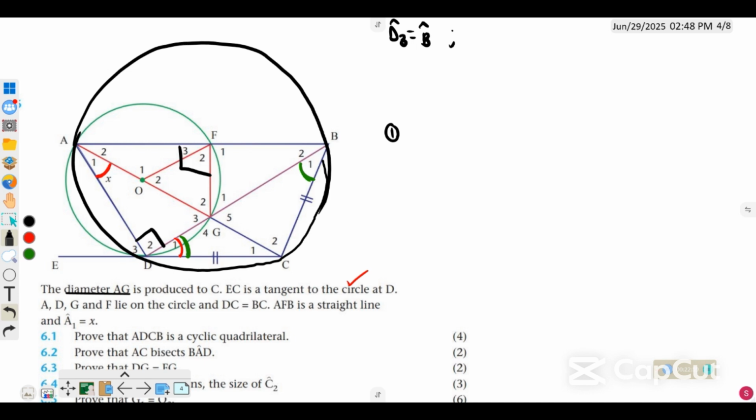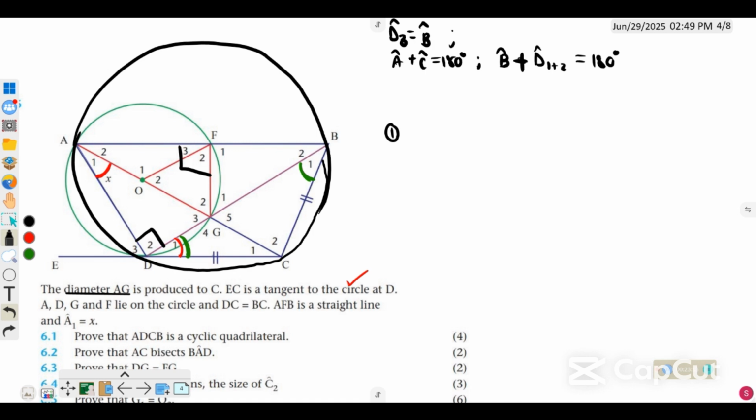If we can prove that the angle A, when added to angle C, will give us 180 degrees. And also, if we can prove that the angle B, when added to D1 and 2, sometimes we can write it as D1 plus 2, will give us 180 degrees, because those are opposite angles of that quadrilateral.